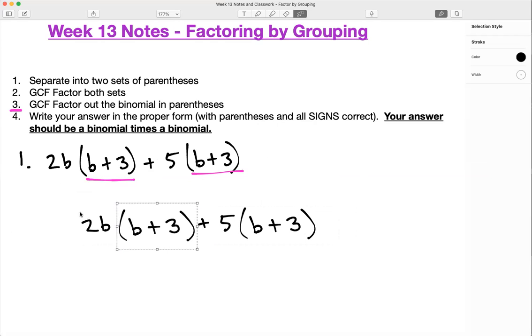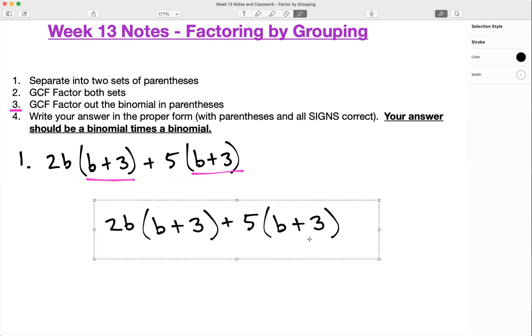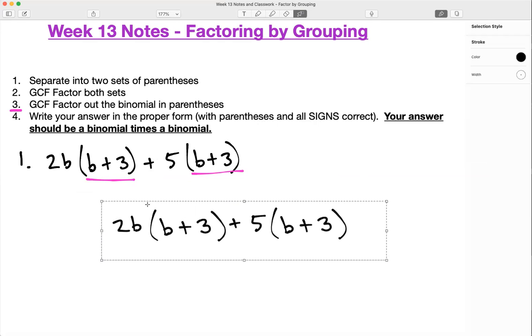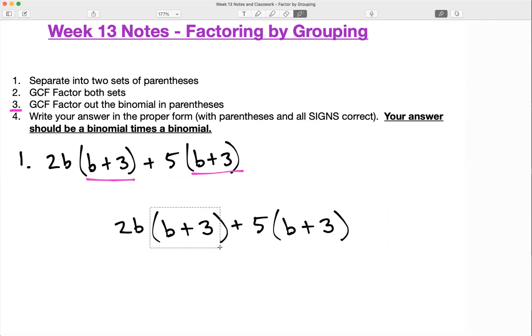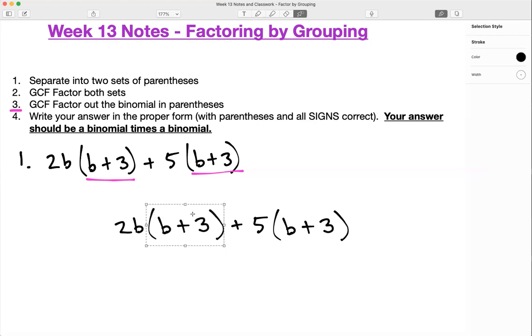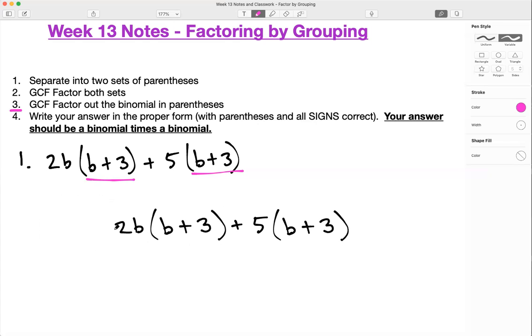So I'm going to essentially pull out, as a factor, the b plus 3, and put it off to the side here. This is the first term, and this is the second term right here.